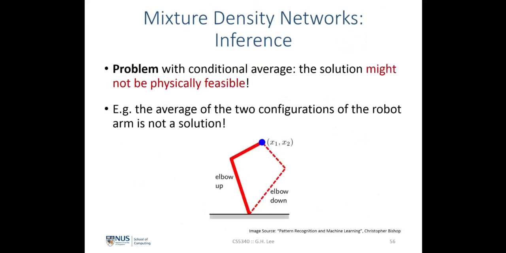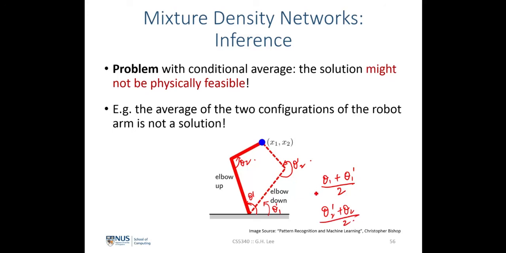But there is a problem with this. This means that the solution might not be physically feasible. So in this example, if we were to take the average of theta 1 and theta 2, which is one set of solution, as well as theta prime 1 and theta prime 2, the expectation or the mean over these two solutions would be simply theta 1 plus theta 1 prime divided by 2, and theta 2 prime plus theta 2 divided by 2.